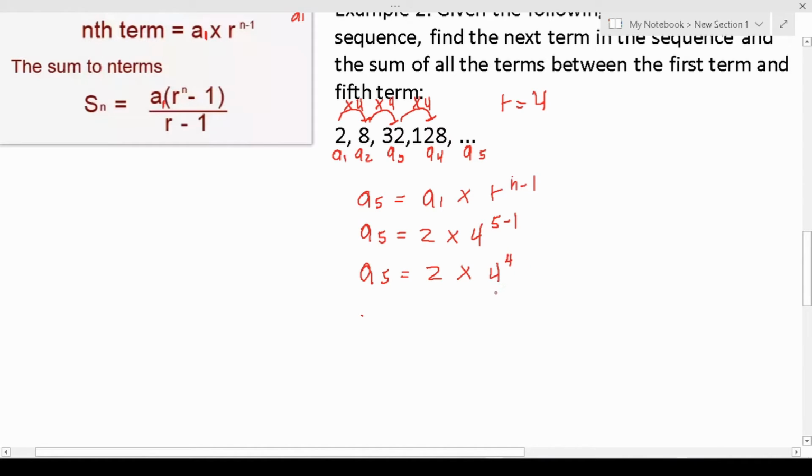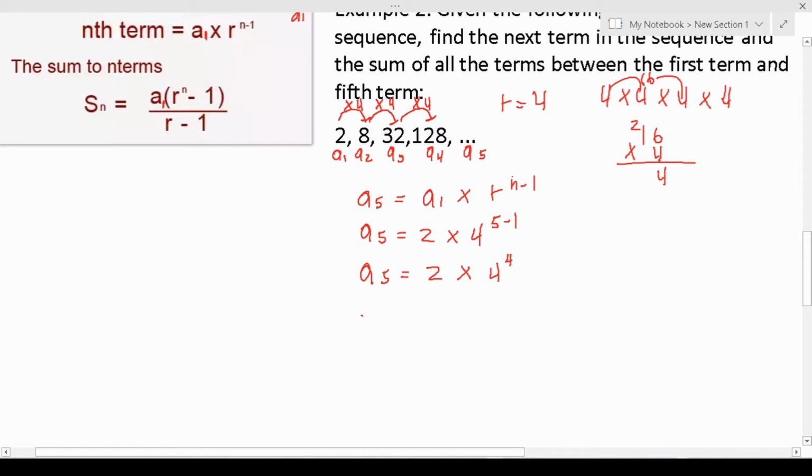We've got to work out 4 times 4 times 4 times 4. So let's work that off to the side here. This is 4 times 4 times 4 times 4. 4 times 4 is 16. 16 times 4, let's work that out. If we can't do it in our head, 6 times 4 is 24.